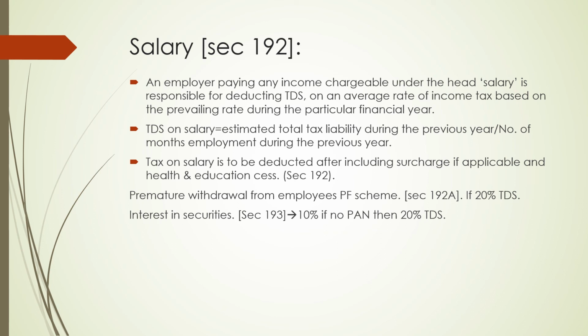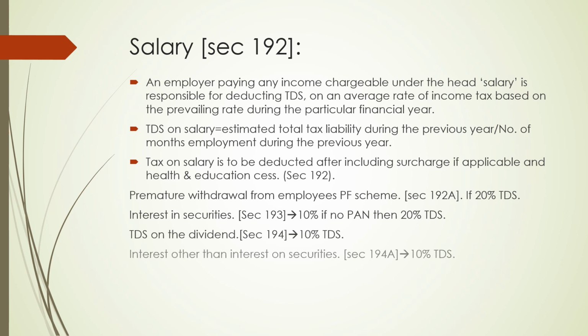Then TDS on dividends: on dividends, 10% TDS. Then interest other than interest on securities. Interest on securities we have studied in the second point itself under section 193. Other than that, various kinds of interest come under section 194A, 10% TDS.